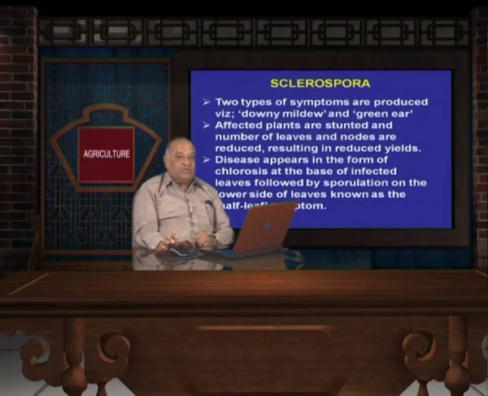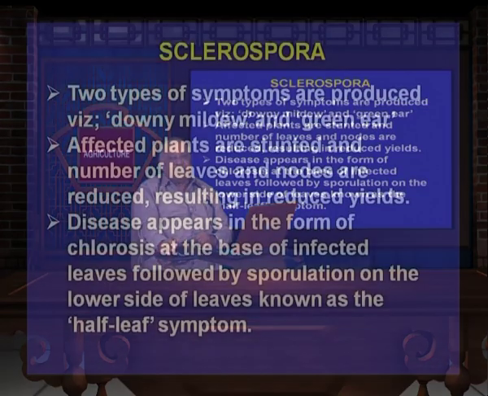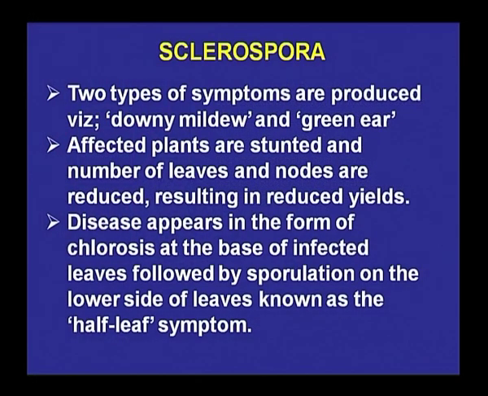Then we come to another most dreaded disease caused by Sclerospora. Here we will be talking about Sclerospora graminicola, which is causing downy mildew disease in bajra or pearl millet. Here two types of symptoms are produced. One is the downy mildew symptom, and another is the green ear symptom.